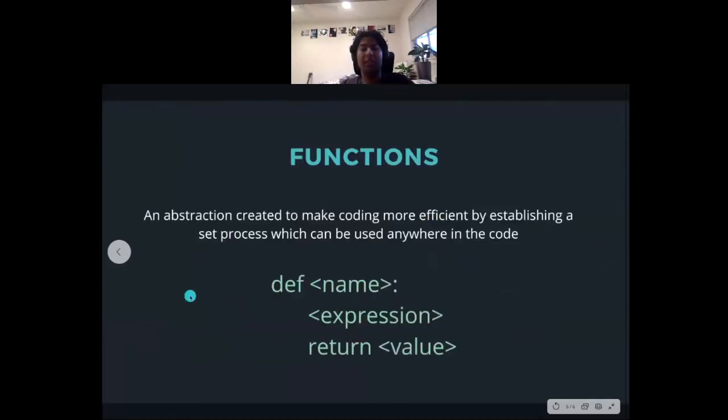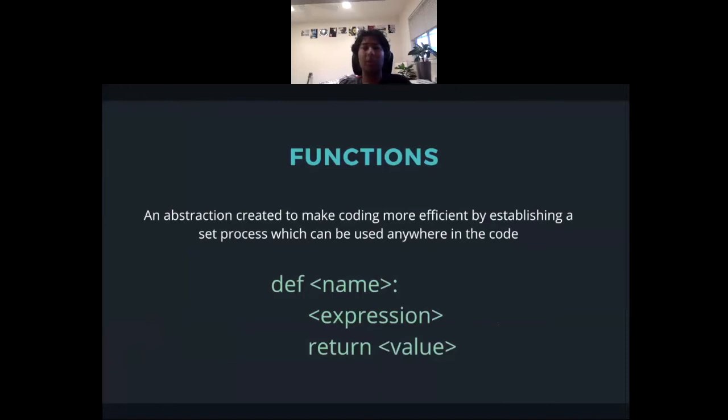Now that we've learned this, we should also take a look at a major concept that we will use in our calculator script. These are called functions. Functions are an abstraction created to make coding more efficient by establishing a set process which can be used anywhere in the code.